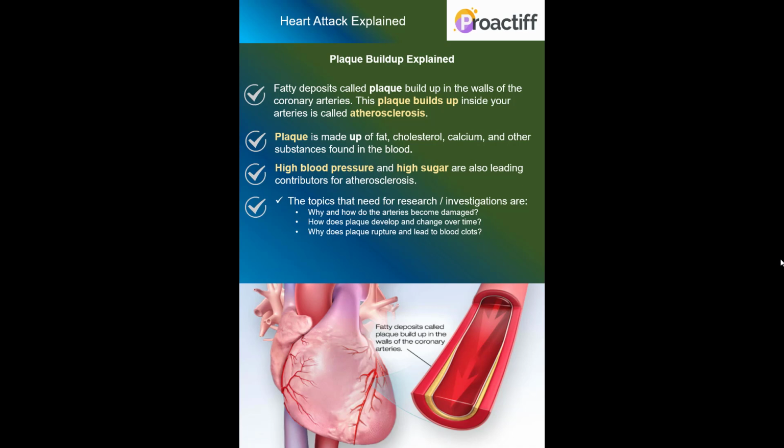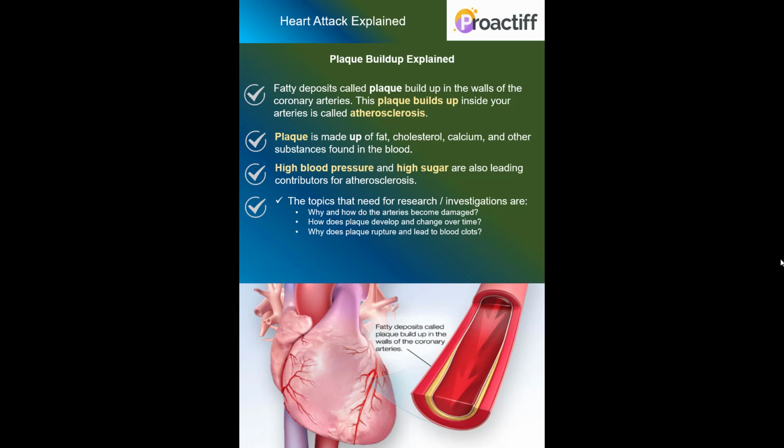The fat deposits essentially contain cholesterol, calcium and other substances found in the blood, and high blood pressure and high sugar are a couple of the leading contributing factors for the atherosclerosis condition to occur.